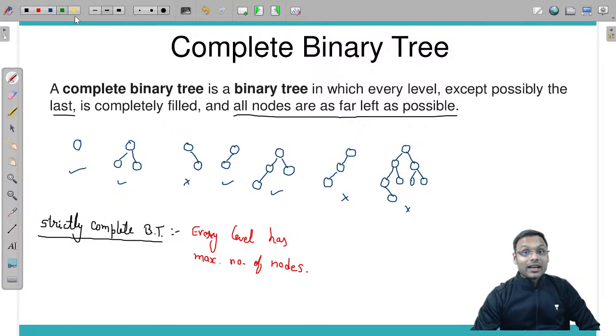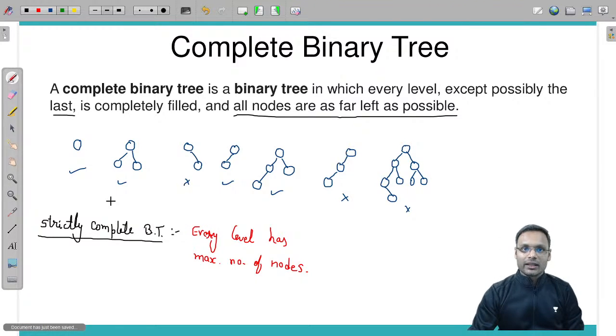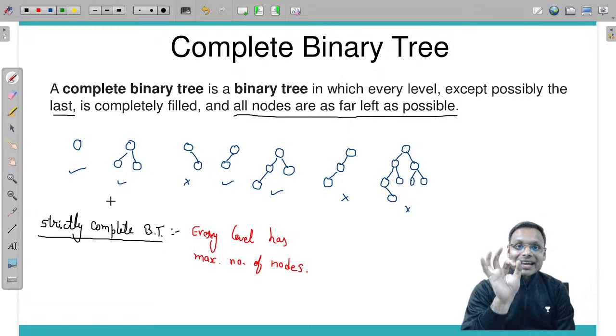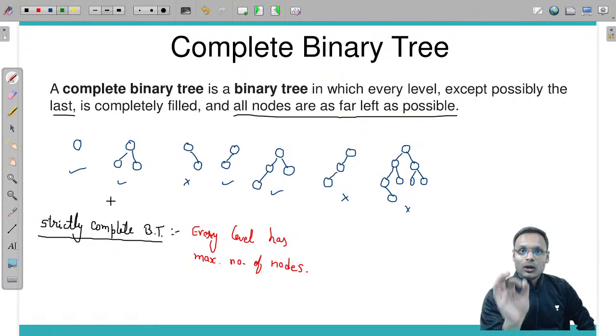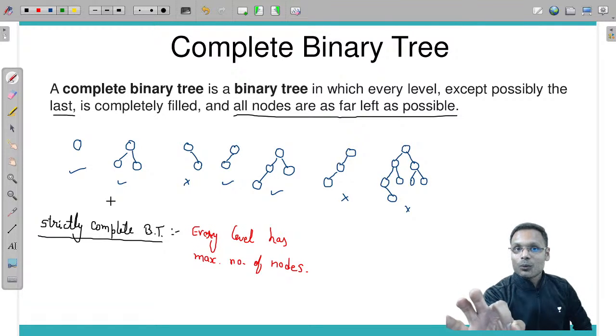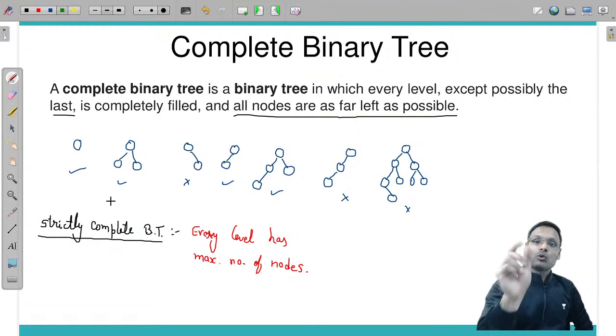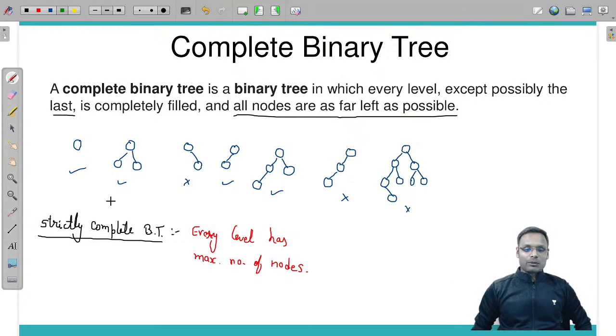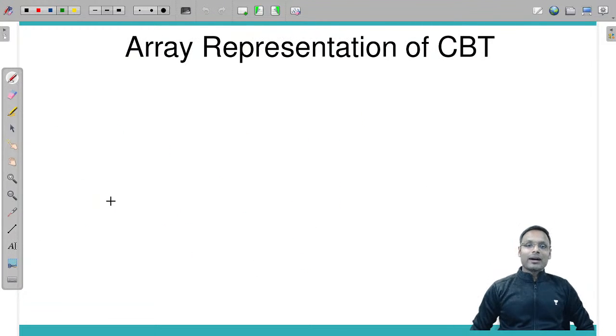That is the strictly complete binary tree. Understanding? So what is the difference between a complete binary tree and a strictly complete binary tree? The complete binary tree can have less than the maximum nodes on the last level. But the strictly complete binary tree says on the last level also you should have kitni? How many? Maximum nodes also. I guess you guys are understanding. Yes or no? अरे बोलो रे बाबा.